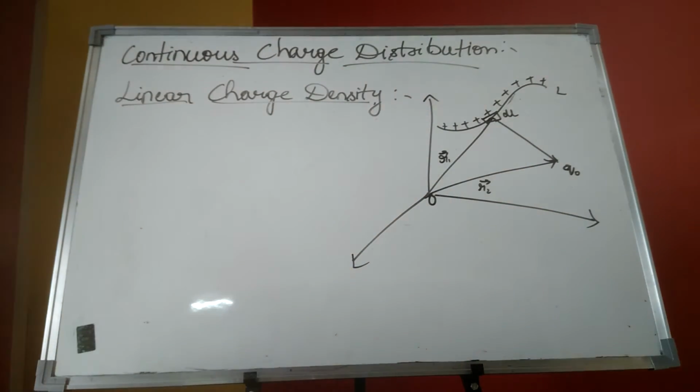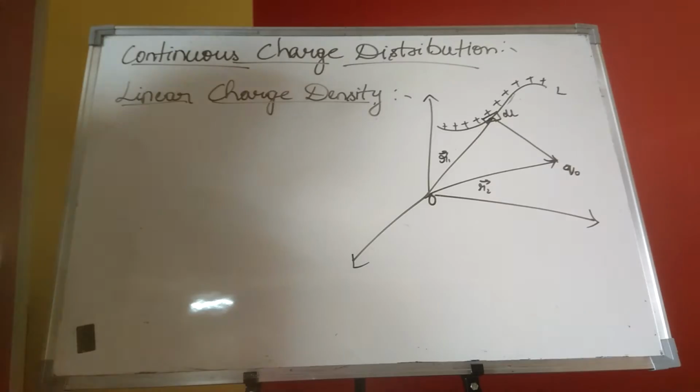Now, the continuous charge distribution may be of three types: one dimensional, two dimensional and three dimensional.